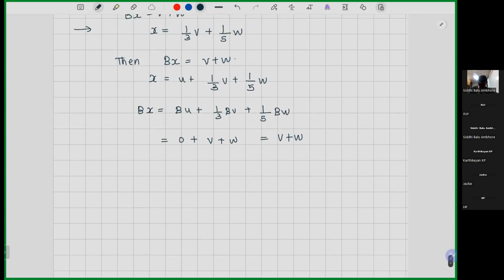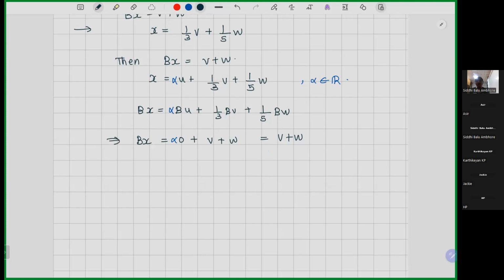And instead of just taking U here, I can very well take alpha u, with alpha in R, and this still holds. If I take x equal to alpha u plus 1 by 3 v plus 1 by 5 w, then Bx in that case is V plus W.